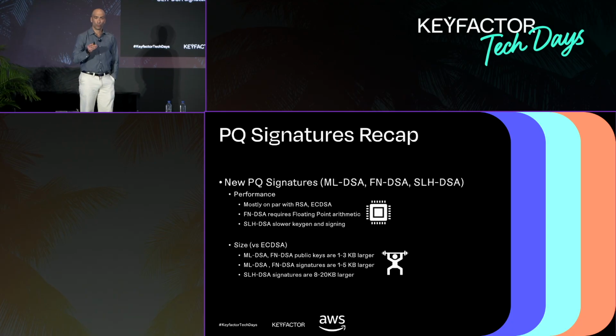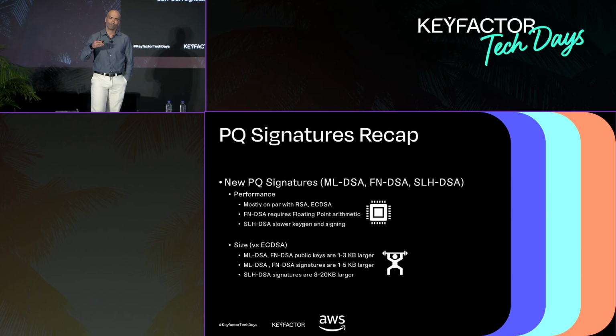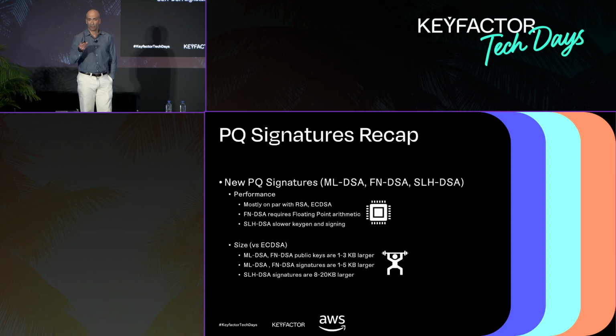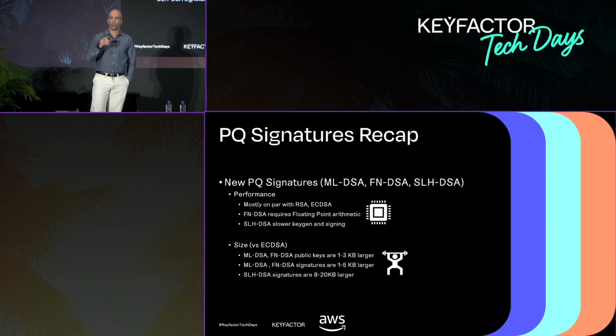That's not the same with the size. So there could be some challenges related to size. ML-DSA and FN-DSA have a few kilobyte bigger keys and signatures. So it's 1, 2, or 3, depending on what parameters you use, and that applies to keys and signatures.